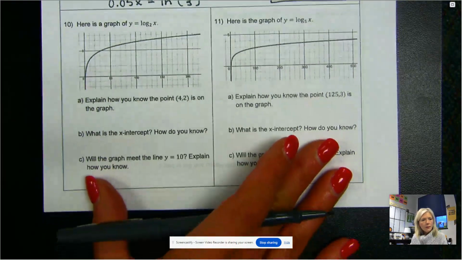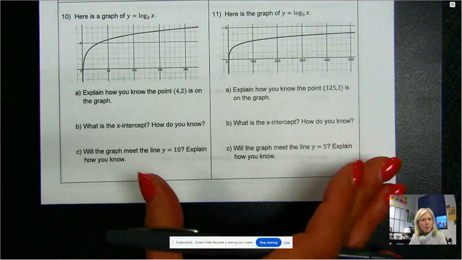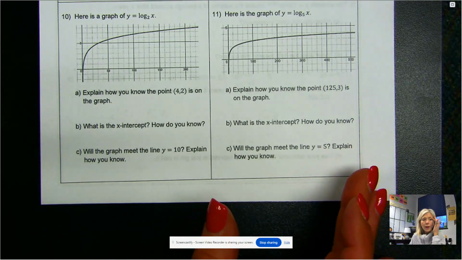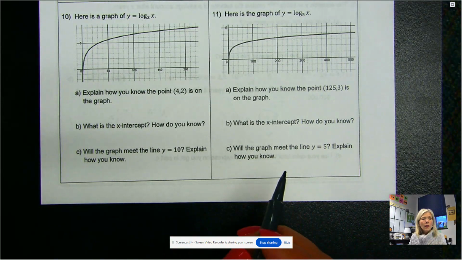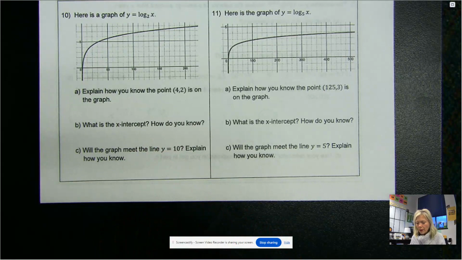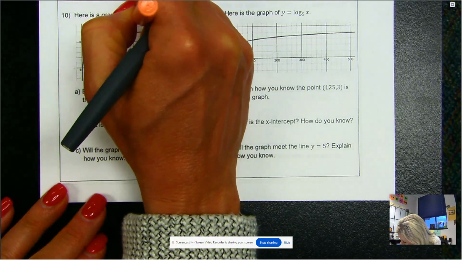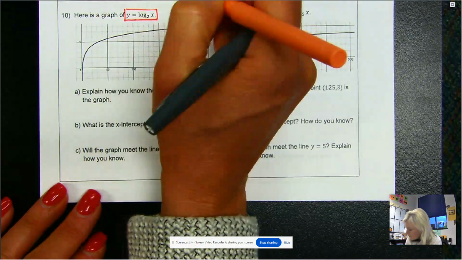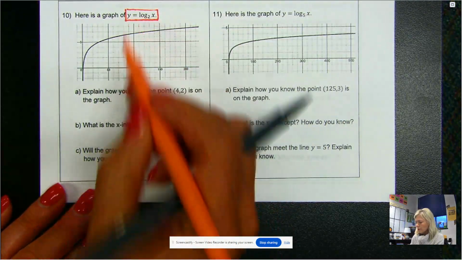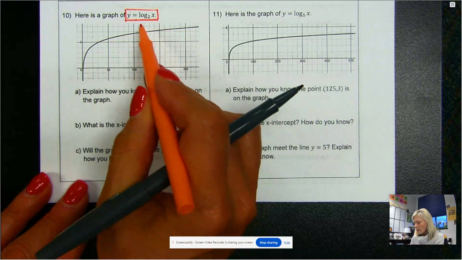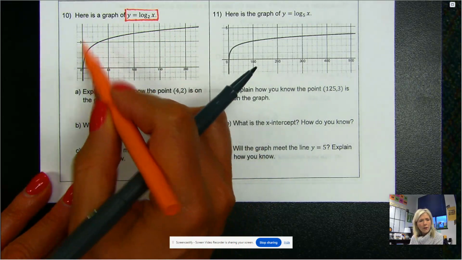All right, so we've got two more problems that have to do with graphing. And so first we have y equals the log base 2 of x. So our base is 2. Remember, in a log graph, the y value is the exponent.